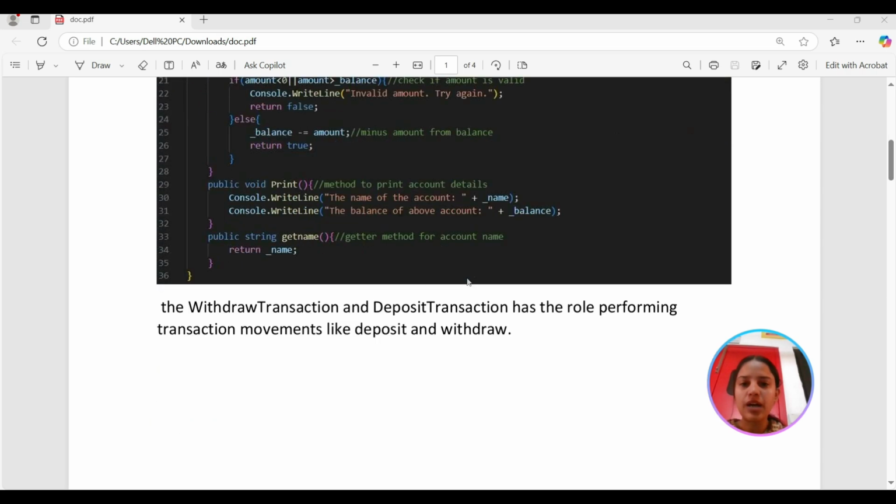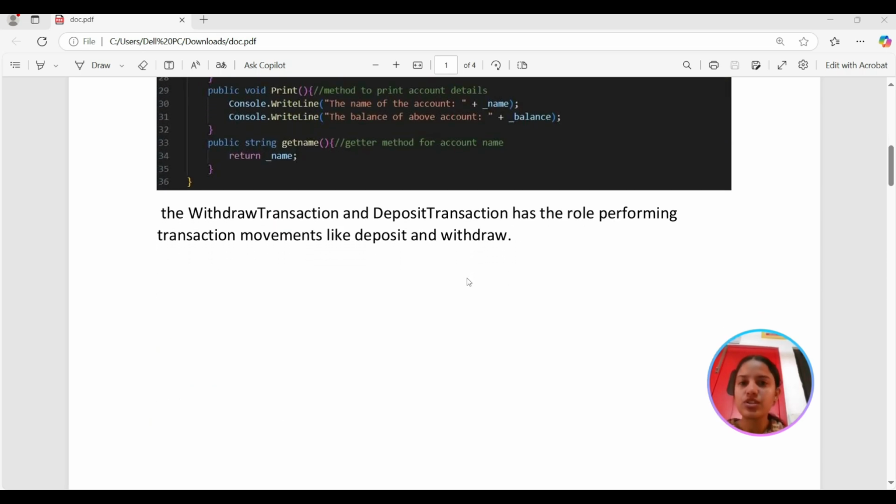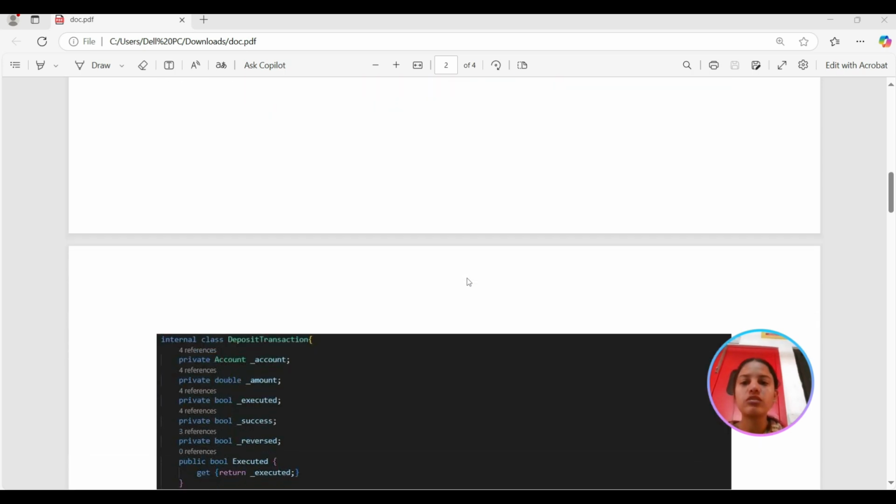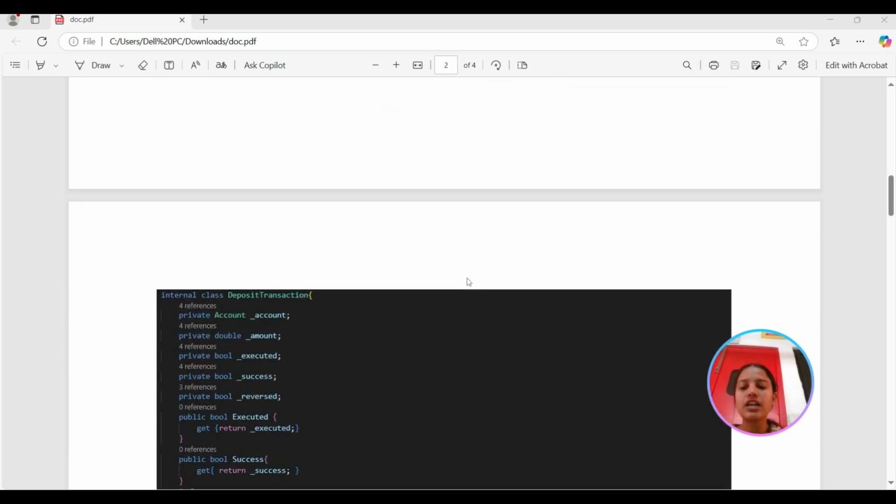And the withdraw and deposit transaction classes have the role of making the money transfer, and all the money actions are done by these two classes. So this is how we can say our objects know what they are supposed to do.